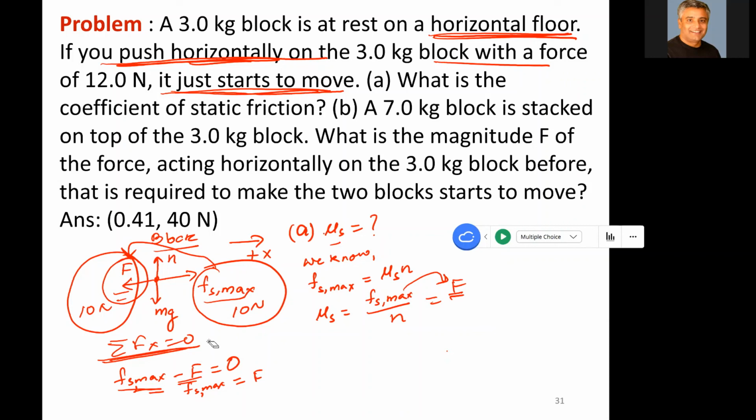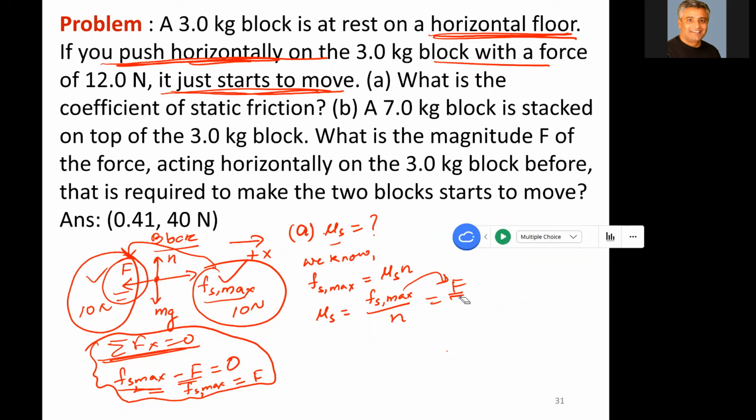Sometimes when you have balanced forces like this, it's easy to just look and say, oh, this is being balanced by this, so the values must be the same. And you can just replace one with another. That's the shortcut way of doing it. The long way is this. Do this, and so, oh, Fs max is the same as F. So now let me plug that in there, okay?